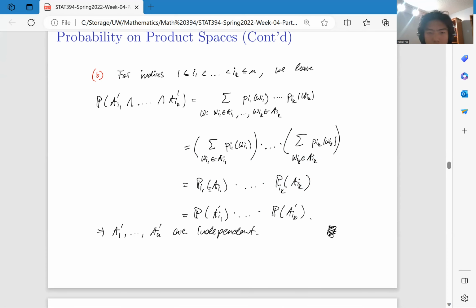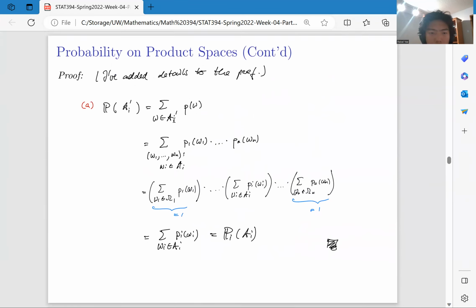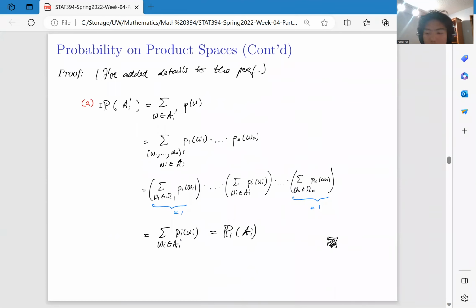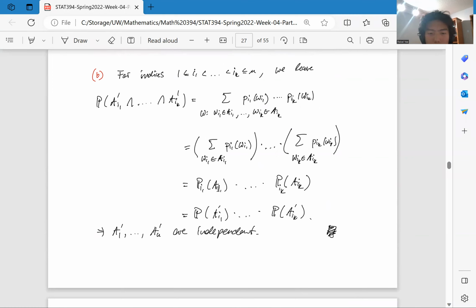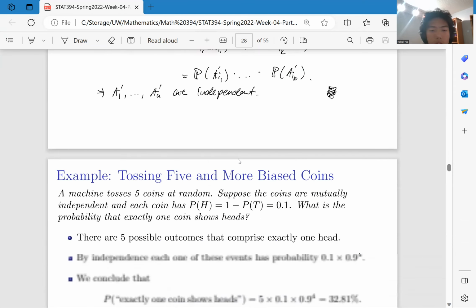And as we find out, the conclusion here is P of the intersection of the strange Ai is equal to the product of P(Ai), and the product of P(Ai) can be written as P of strange Ai. And we find out exactly that the multiplication of these strange probabilities equals the intersection of these strange events. So we prove that they are stochastically independent and physically independent as well.